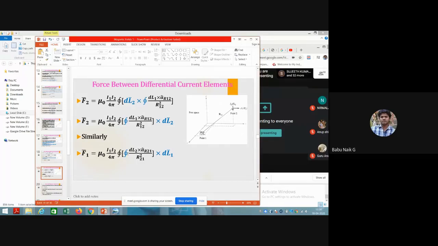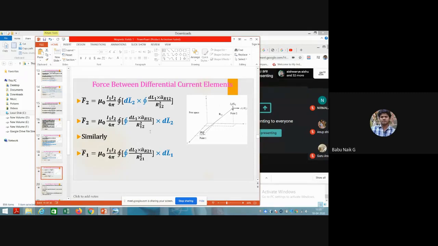So you can calculate the force on either side here, without taking any magnetic field. So this one is the force between differential current elements. I will show you in a later session on this, which is a practical thing. Some other time I will explain more about it with a demonstration.